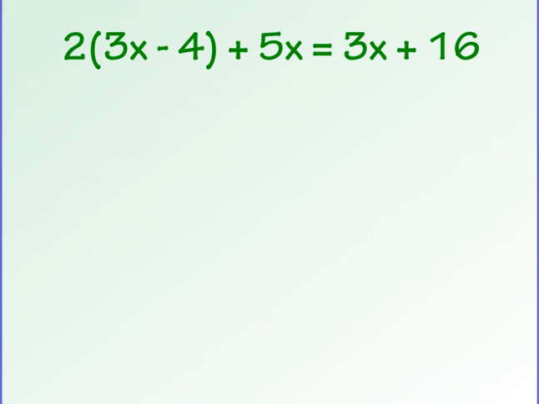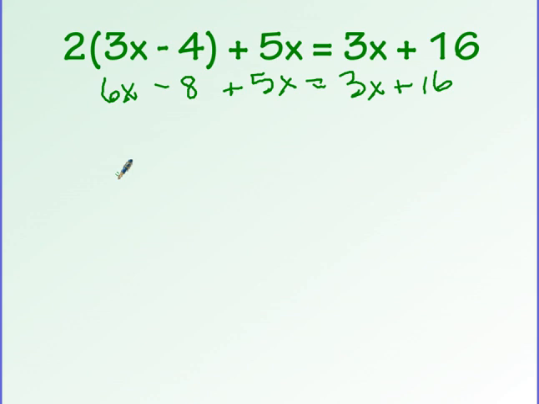Step 1, remember, is do we have any distribution that needs to be done? Since we have parentheses, our answer has to be yes. So I'm going to multiply 2 through my parentheses, giving me 6x minus 8. Don't forget to write everything else down. Plus 5x equals 3x plus 16.